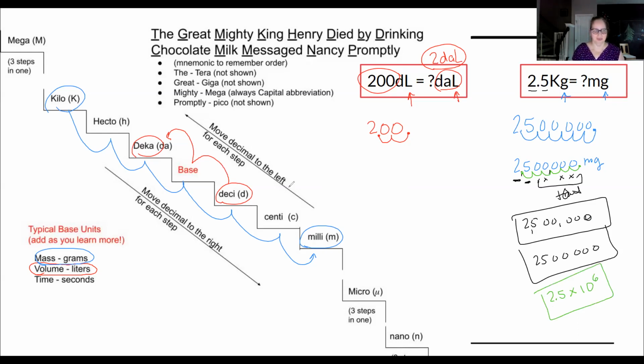I remember 6 from the beginning. 1, 2, 3, 4, 5, 6. Yep. So you could have just said 2.5 with 6 hops to the right. If you wanted to do hops to the left, 200 times 2 hops to the left. Now this would not be accepted as an answer because it's not scientific notation, but technically it is an answer.